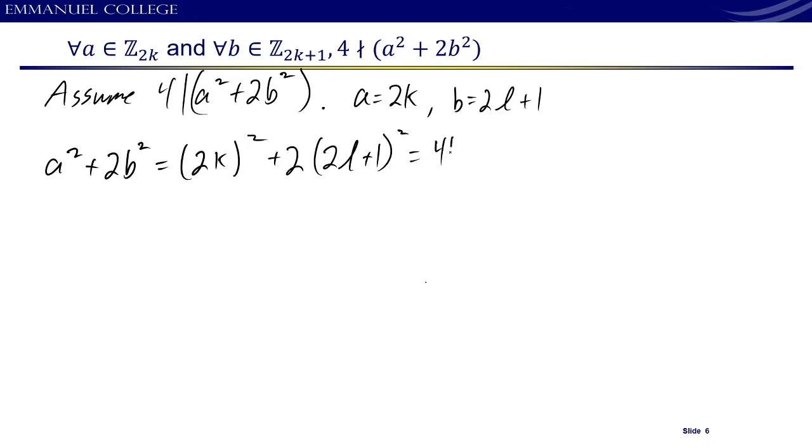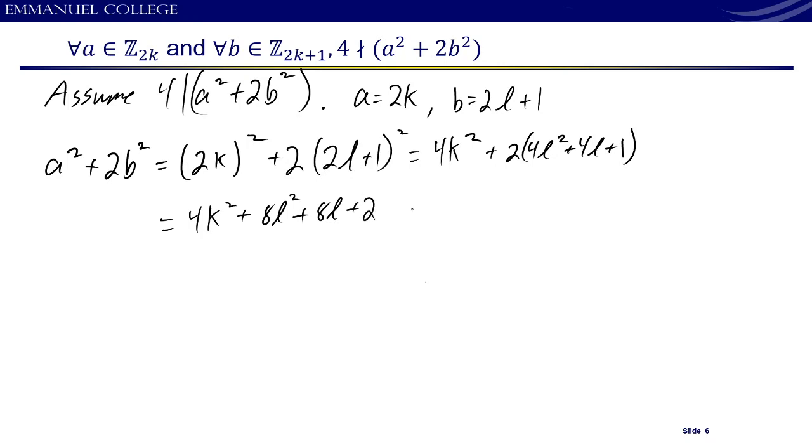So through some algebra, we'd get that this is 4k squared plus 2 times (4l squared plus 4l plus 1). Distribute the 2, and I get 4k squared plus 8l squared plus 8l plus 2.